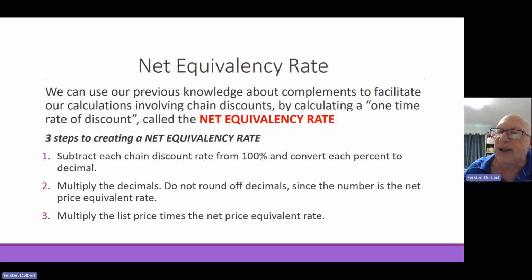The detailed process is to take each of the individual rates, find its complement relative to 100%, and multiply all those decimals together. Now, the important part here is, even if that turns out to be a pretty ugly multi-digit decimal, don't round it. Keep it as exact as you can, and then that will be used to calculate your subsequent information about net price relative to what the original list price was.